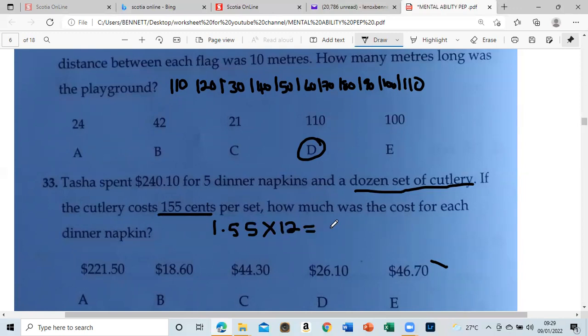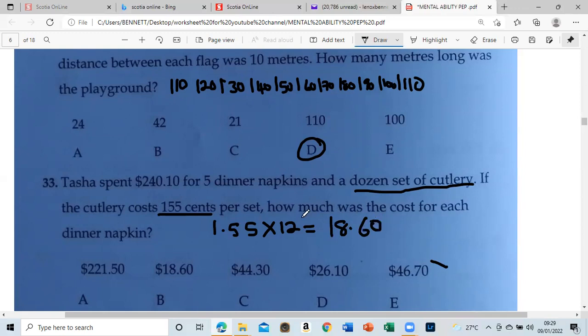I'll use a calculator just for time, because I don't have the space to set it up. It's 1.55 times 12. So in all, you'd have paid $18.60, right?